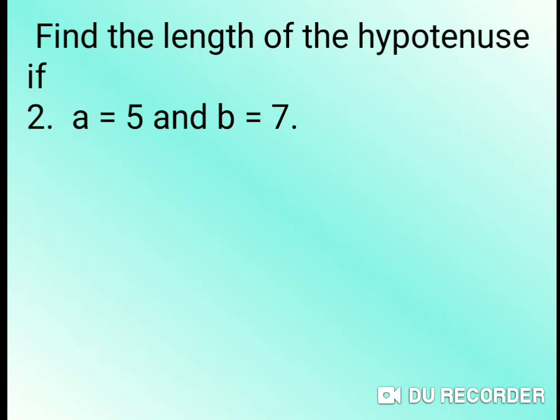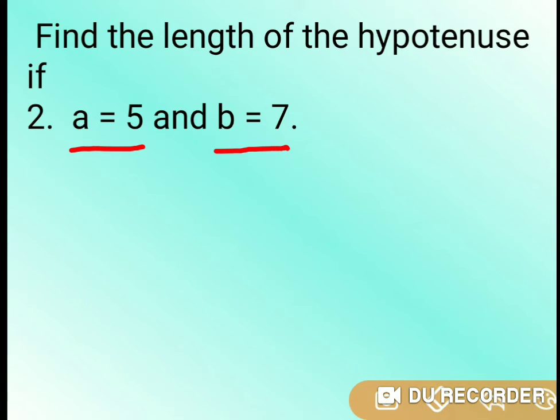We will take one more example. This is our second example. Find the length of the hypotenuse if a is 5 and b is 7. This is the same problem. a is 5, b is 7.